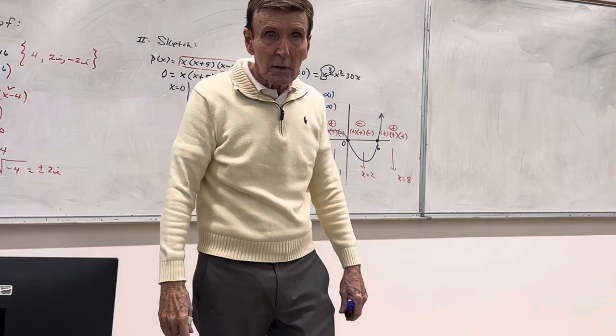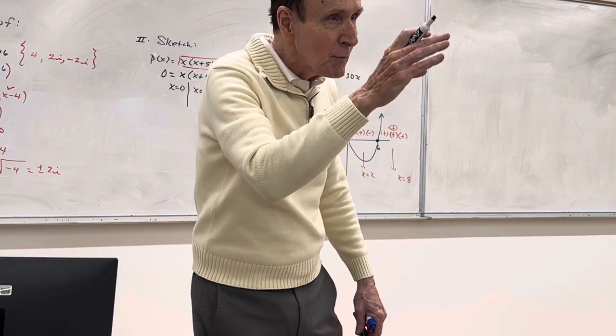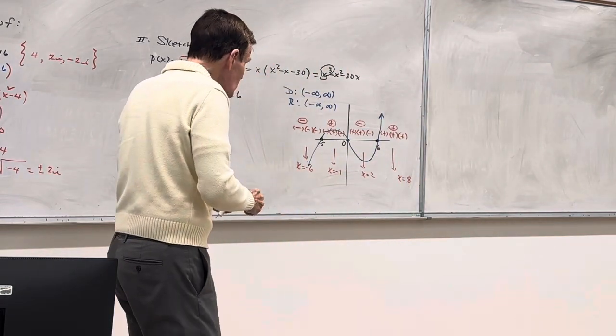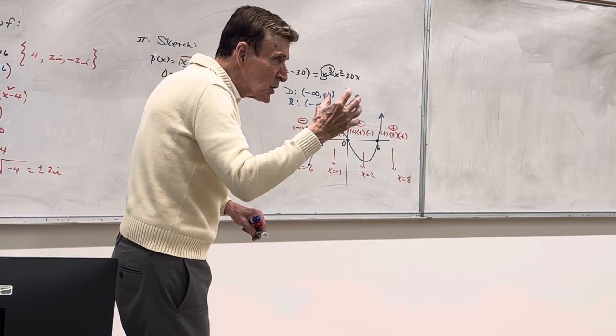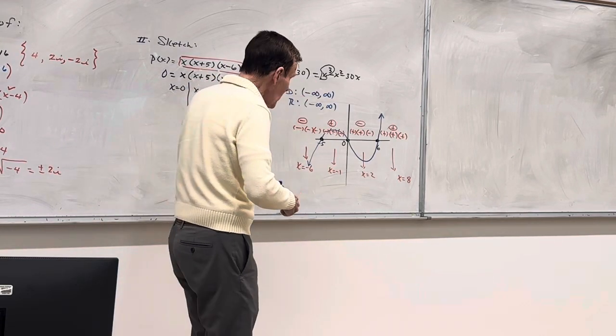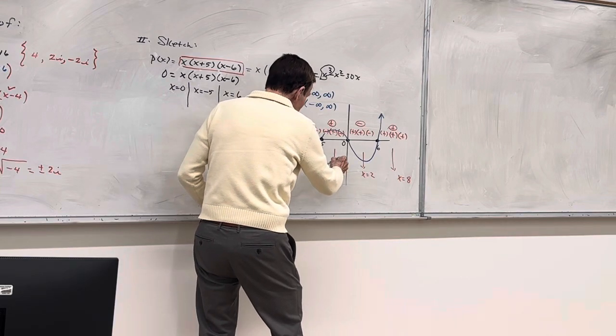X cubed. Please remind me on the handout I gave you with the parent functions. Please, if I say class, can you remind me what just the x cubed graph from that handout looks like? Yes, sir, Professor, no problem.